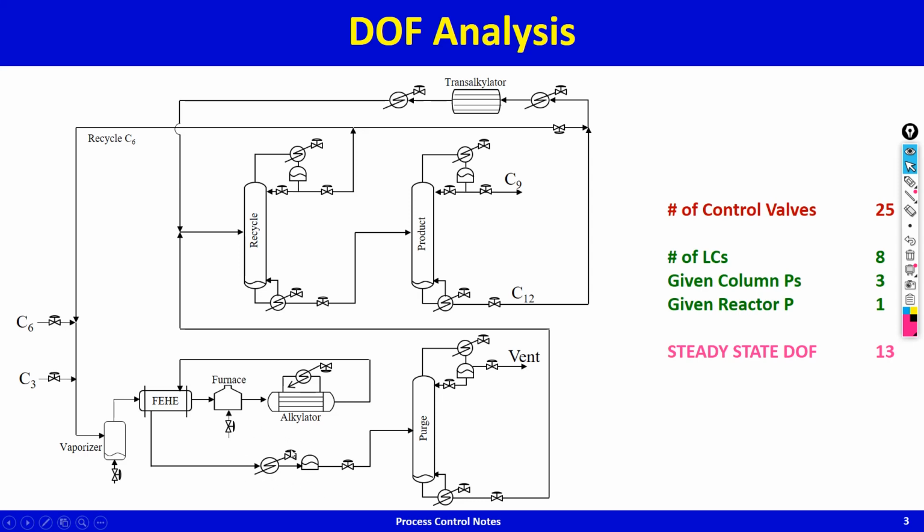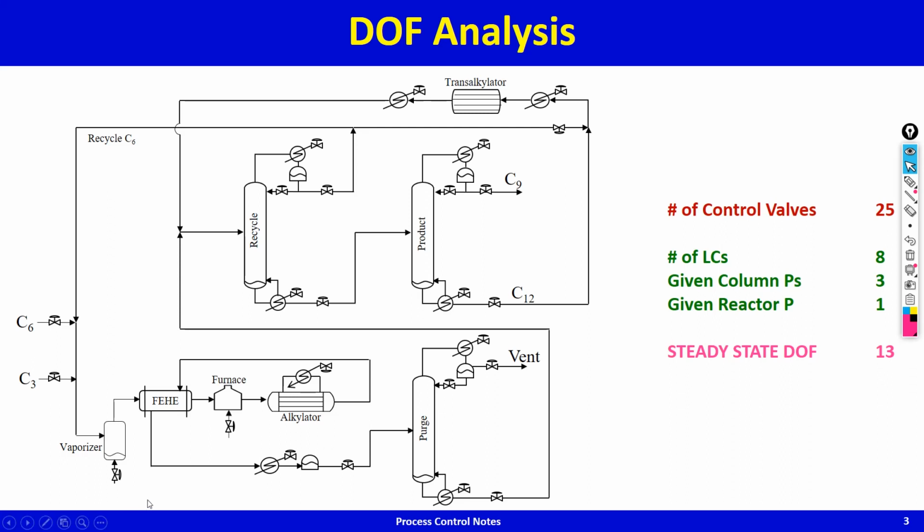So this cooling duty is going to get adjusted to hold the reactor pressure, and reactor pressure is given, so this is not counted. Similarly, this duty is going to be adjusted to hold the vaporizer level. If the vaporizer level is rising, you're going to increase the duty or reduce the duty, something like that, right? So this valve is also not counted because it's taken up in the level control of the vaporizer. So these two valves are not counted. Okay, if that's what was confusing you.